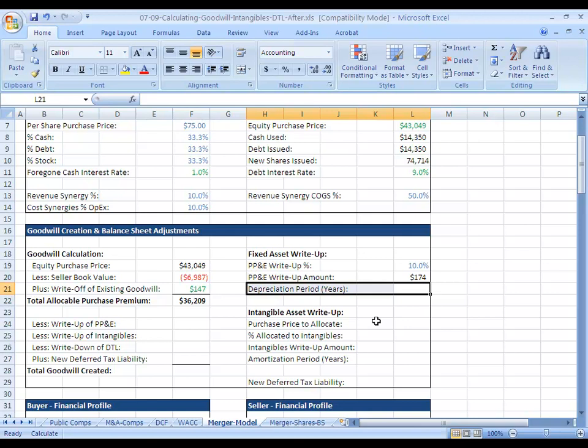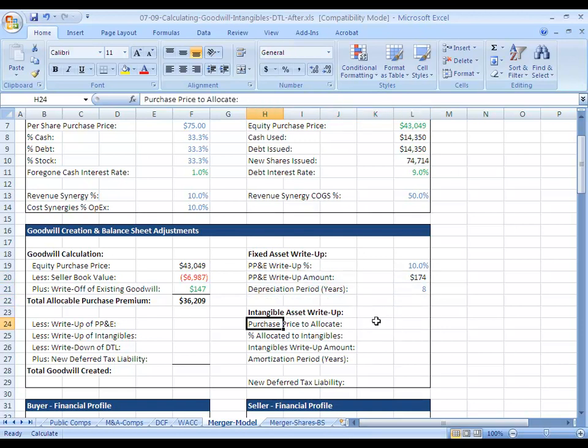In our case, though, we're just going to go with another simple estimate here and say 8 for the depreciation period. The reason I'm saying this is because oftentimes PP&E like this lasts for between 5 and 10 years, so we're just picking something in the middle of the range here. So later on, we're going to have to be adding in the new depreciation that comes from writing up the PP&E by this amount, and we'll have to take that into account on the balance sheet as well.